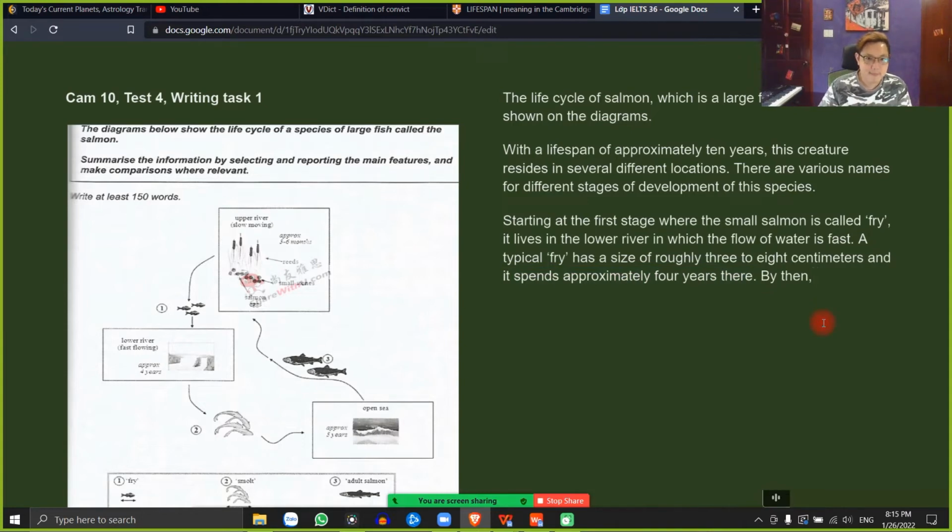By then the creature should have developed into the smolt. Cho đến lúc đó cái con này nó đã phát triển thành cái con smolt rồi.